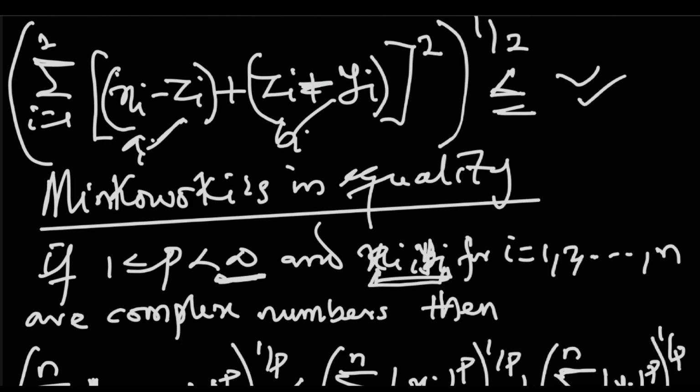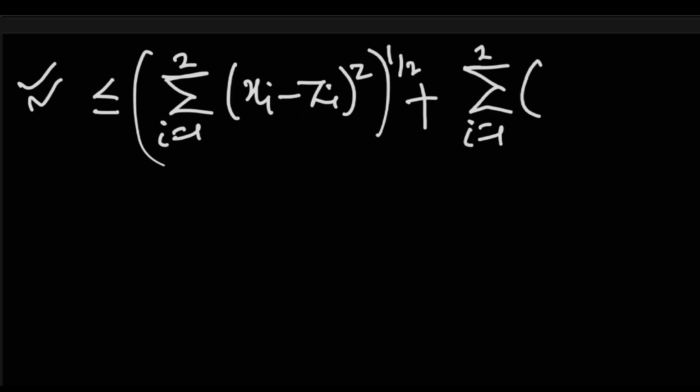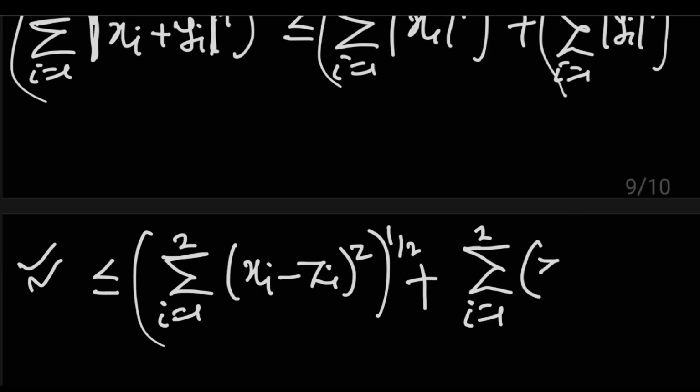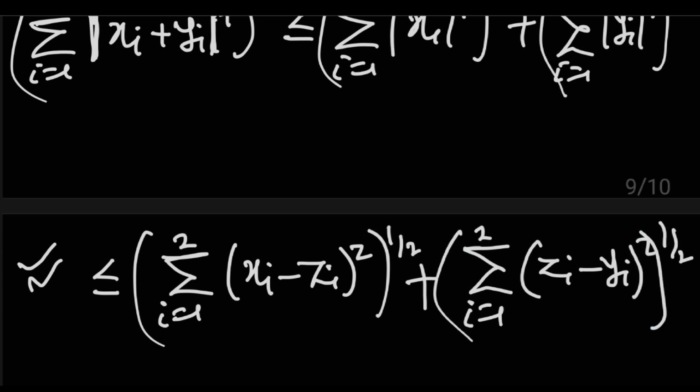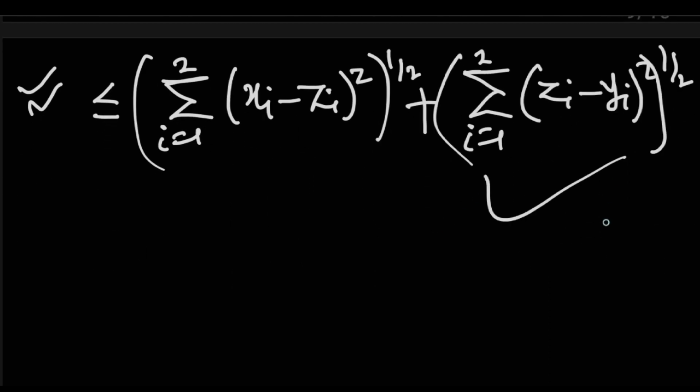Sorry, this should be negative, it doesn't matter, that's fine. All right, so we have this, which satisfies our triangle inequality. All right, so let's move to another topic on metric and topology. See you in the next video. Thank you.